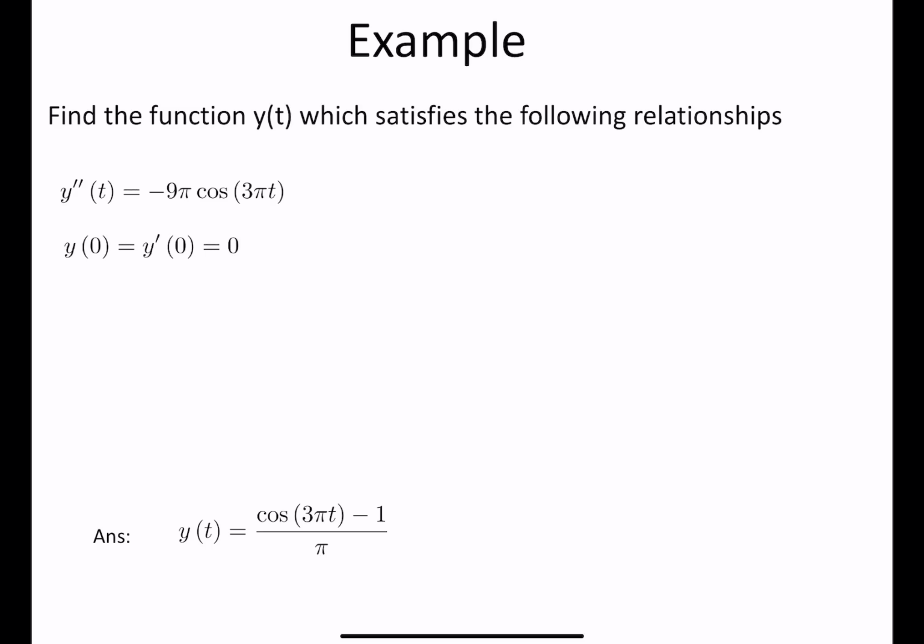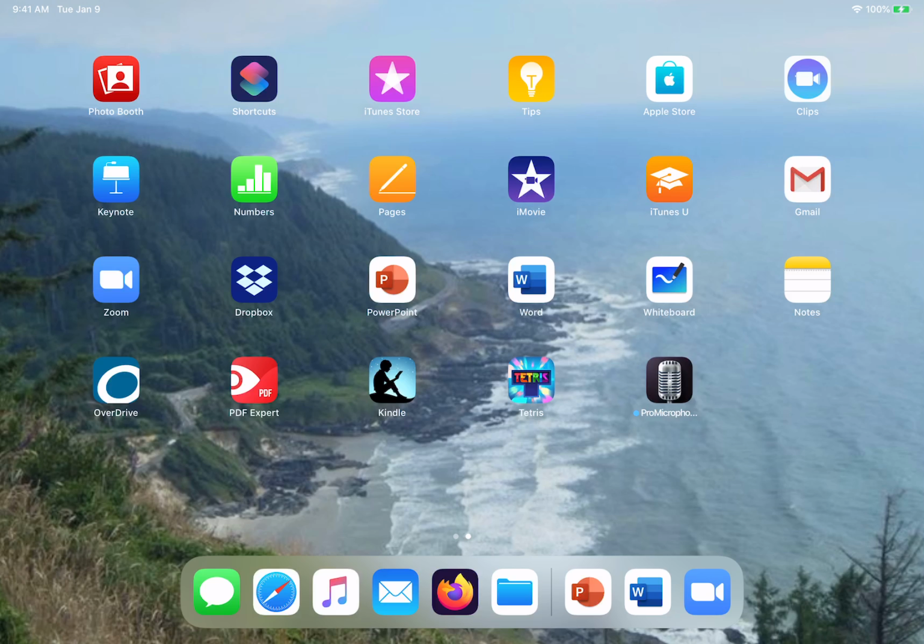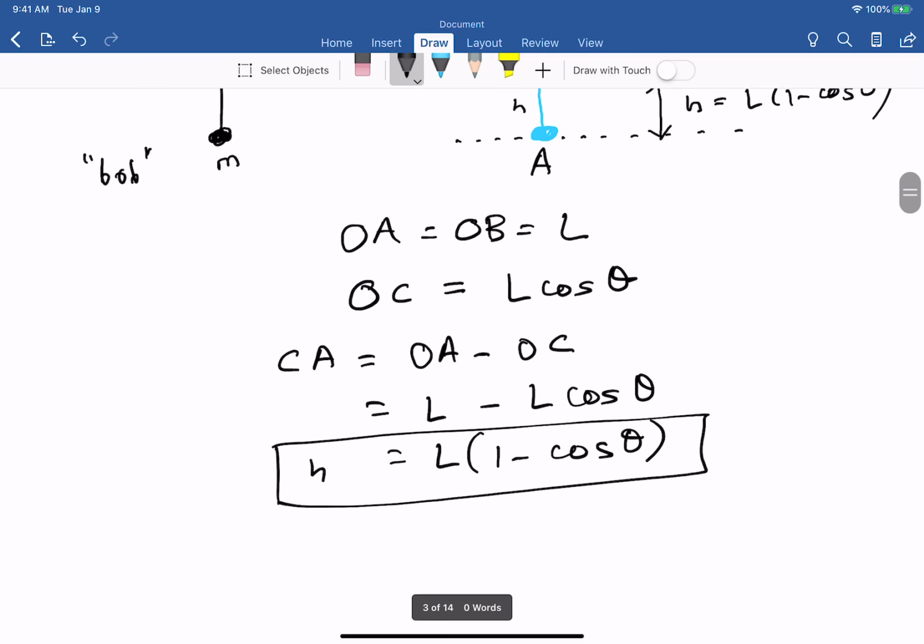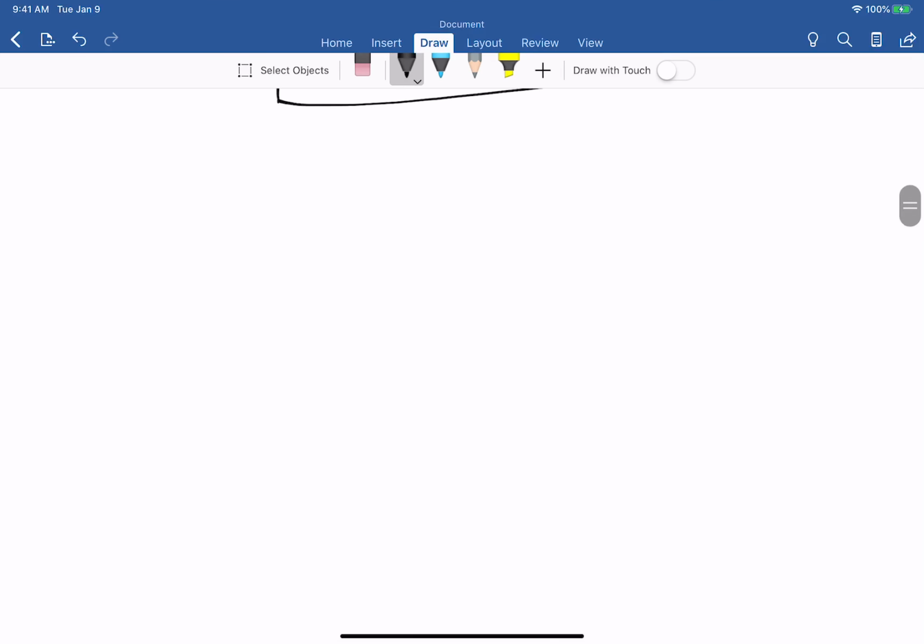In this next problem, we are told that y is a function of t, and that is what we have to find out. We are given some information about that function.